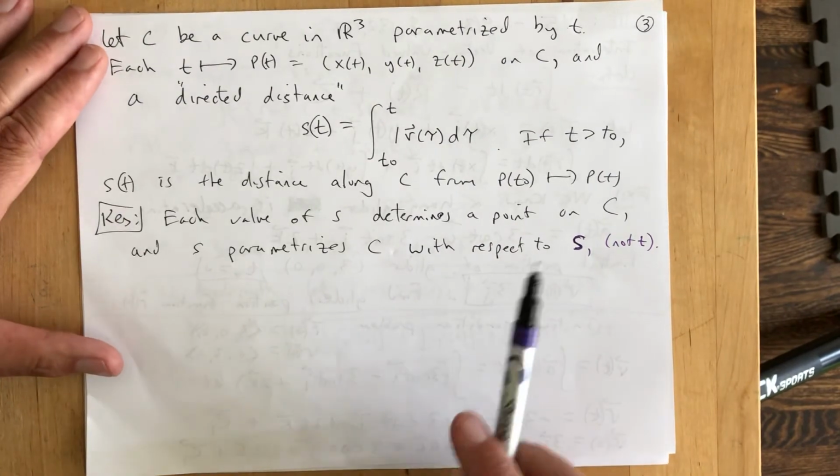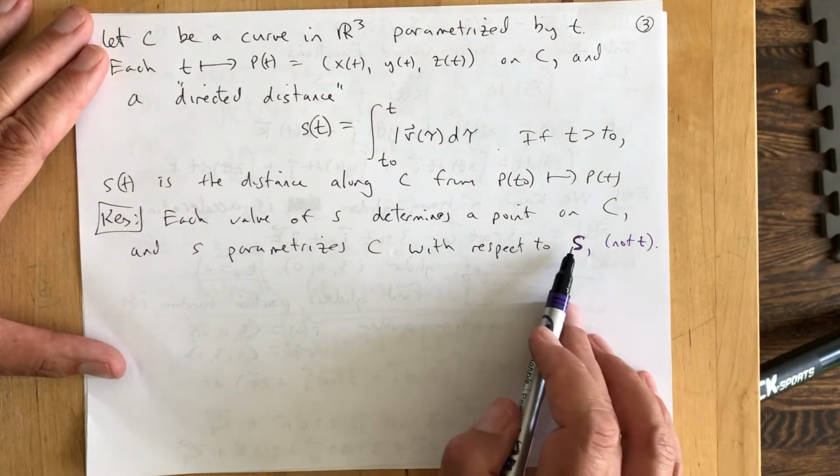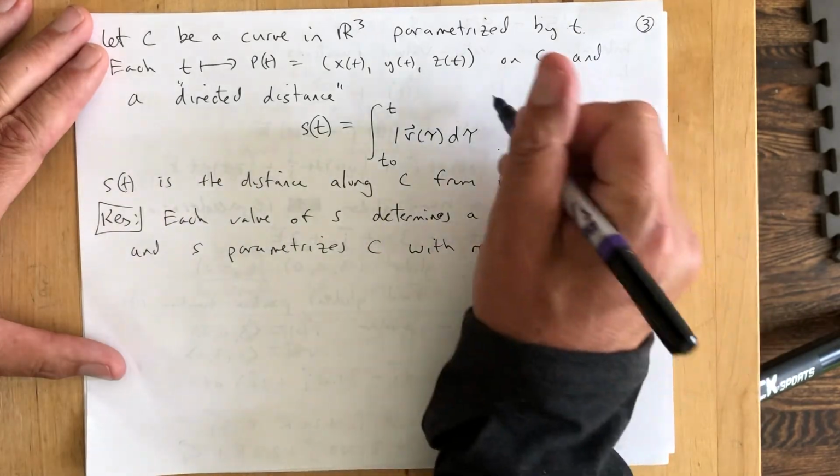So what we've done is parametrize the curve, but instead of using t as our parameter, we've now used s using this function.